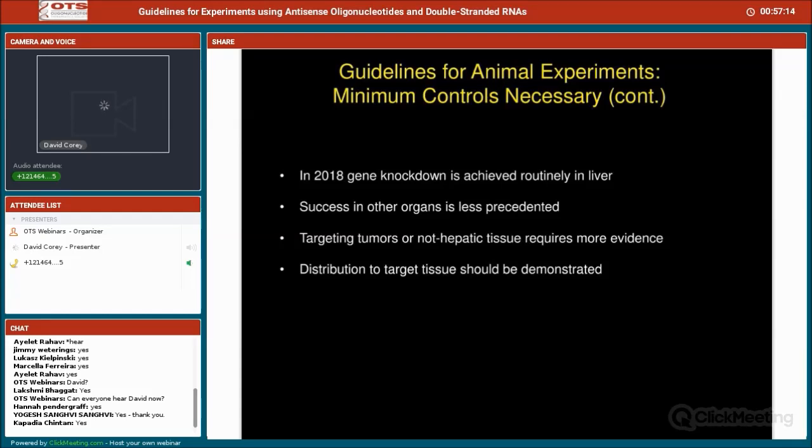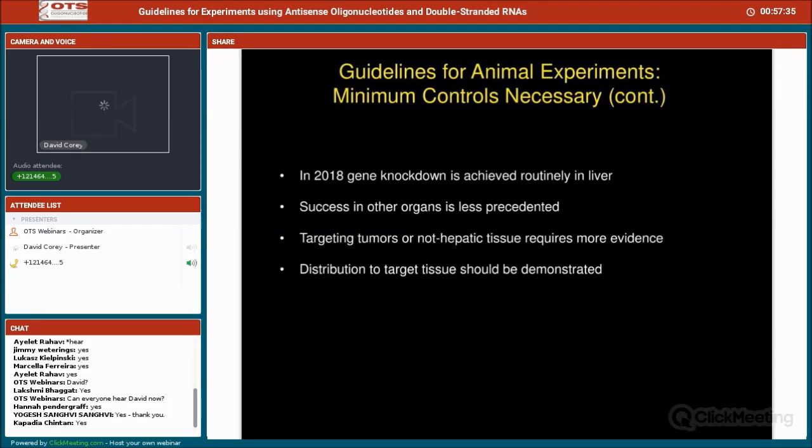Okay, so where are we now? Gene knockdown is routinely achieved in the liver. So if you want to go after a target in the liver, I would say the bar is a little bit lower in demonstrating convincingly that you're knocking it down. But success in other organs has been much less precedented.